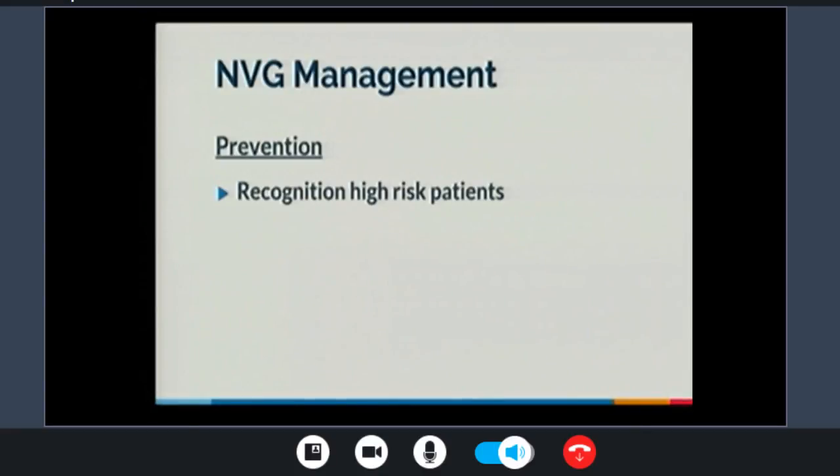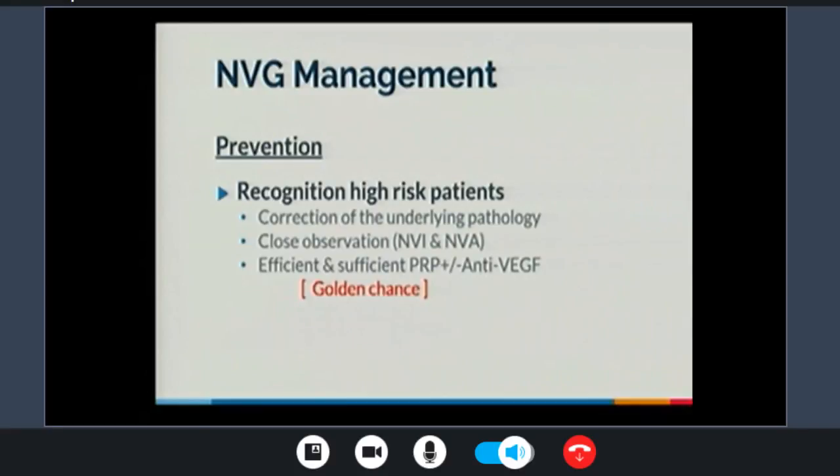So we need to pay more care and attention to them, so we can not only treat their NVG, but also treat their underlying pathology. This can be done by correction of the underlying pathology. For a patient with ischemic retinal vein occlusion, you may ask, what shall I do?